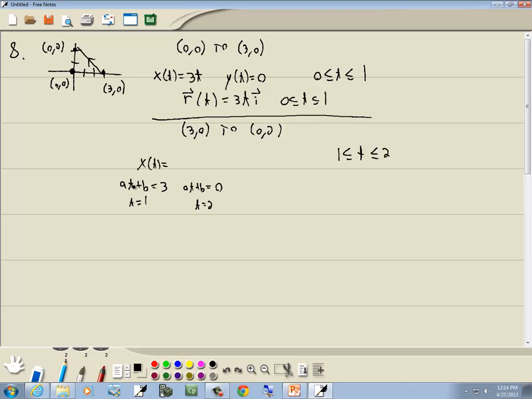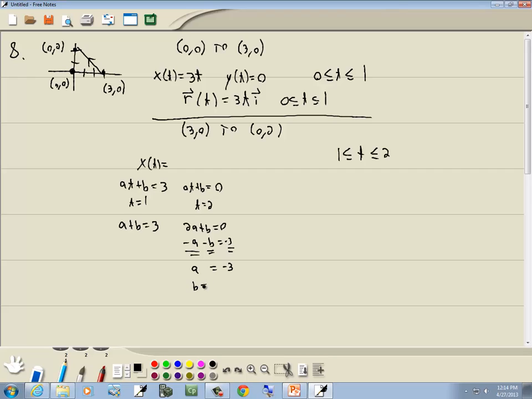Okay. If I plug 1 in for that, we get a plus b is equal to 3. If I plug 2 in, I get 2a plus b is equal to 0. And I could multiply this first equation by negative 1, so we got negative a minus b equals negative 3, and add it to my second equation. 2a minus a is a, b minus b drops away, 0 minus 3 gives us negative 3.